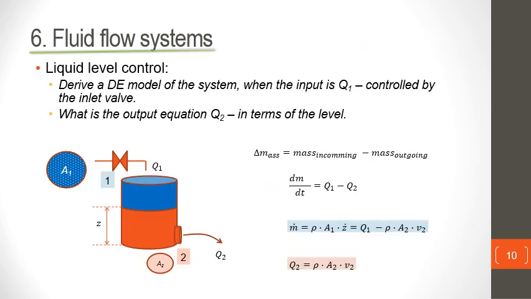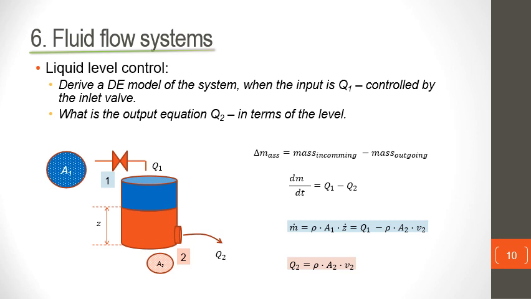So having looked at the two important equations here, Bernoulli's law and the conservation of mass, let us look at how we can model one such simple fluid flow system. This is a gravity flow outflow tank.